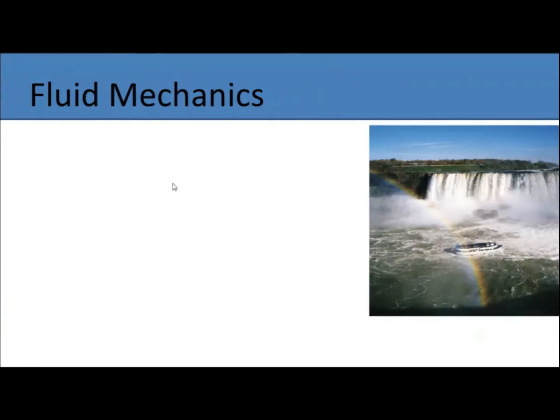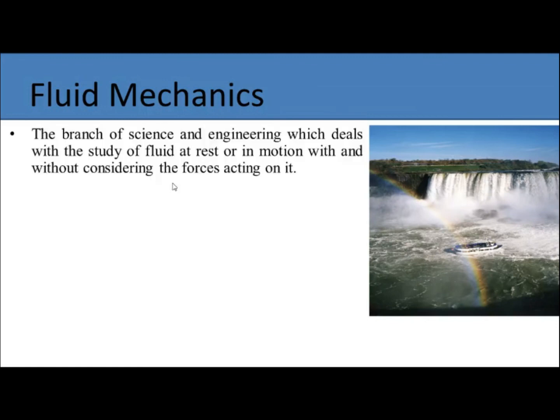Now after having the overview of fluid, we will see what is fluid mechanics. Because our subject is fluid mechanics, you should know actually what you are going to learn in it. Fluid mechanics is a branch of science and engineering which deals with the study of fluid.